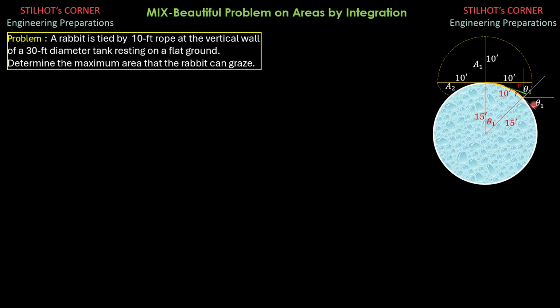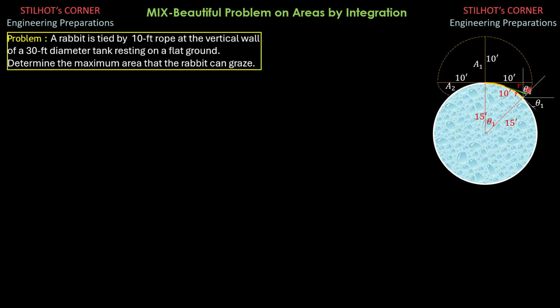This is also theta 1, because if we extend the radius, this is the radial line, and we draw a vertical line at the surface of the cylindrical tank, then that is also theta 1.